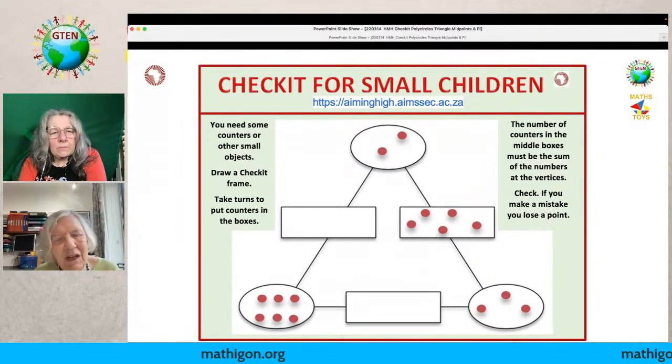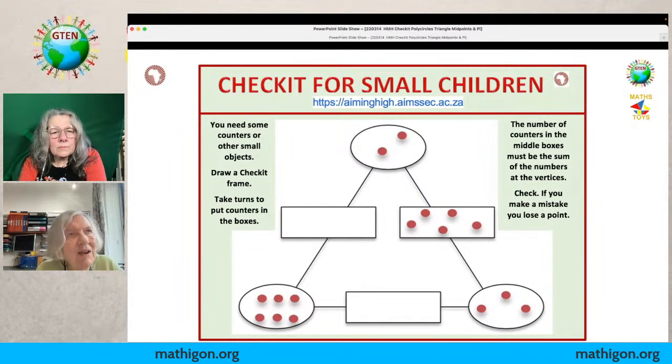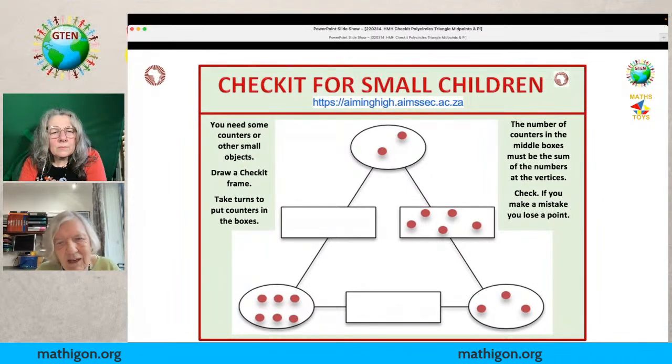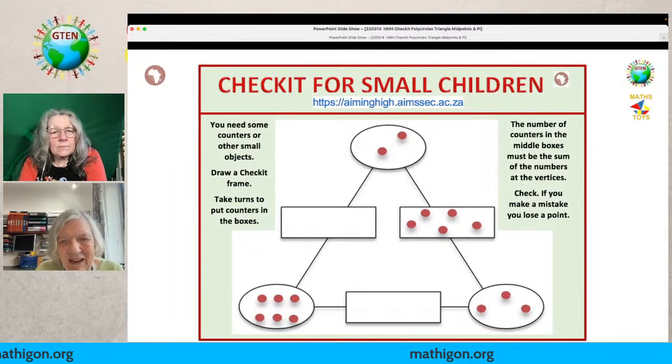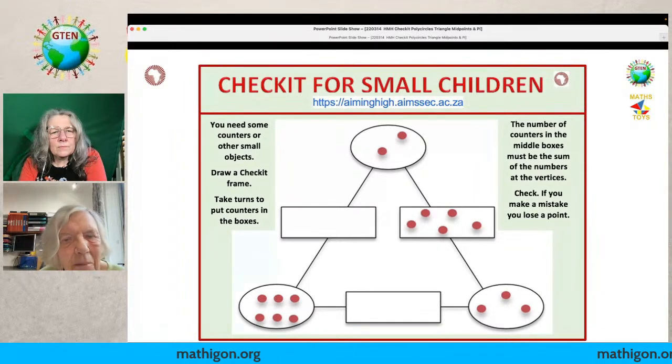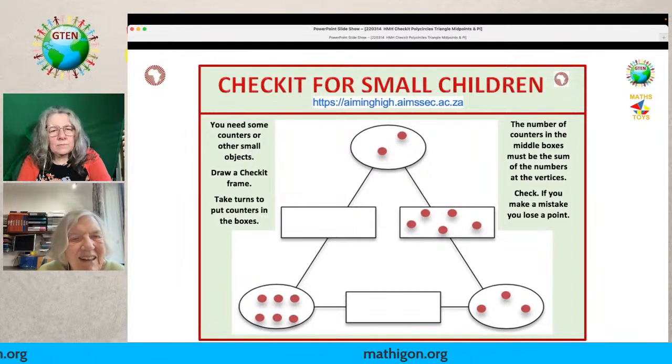But you can show that by separating. If you're doing it with the counters or stones, you can separate them into a 2 and a 3, and a 6 and a 3 for the number that goes in the rectangle at the bottom, to make 9. Then your little children can count the number of pebbles or whatever they are.